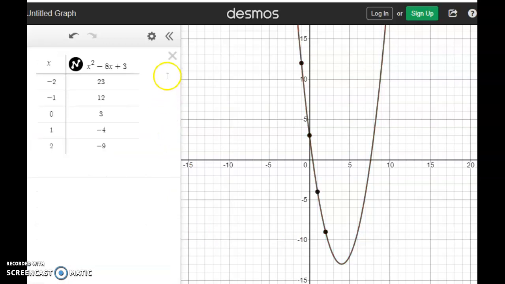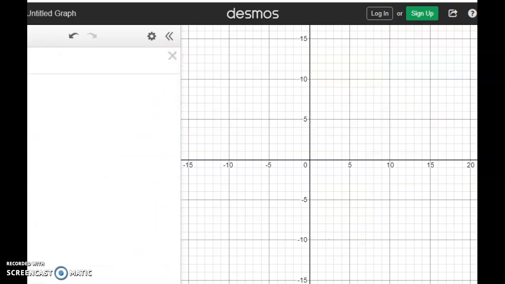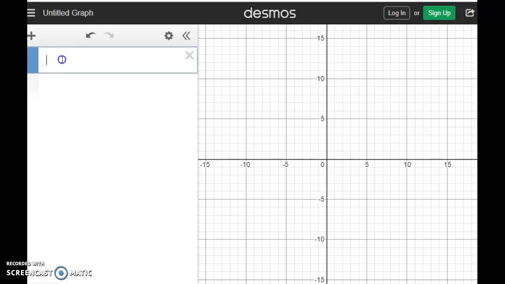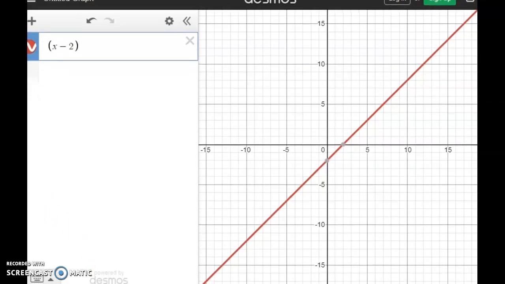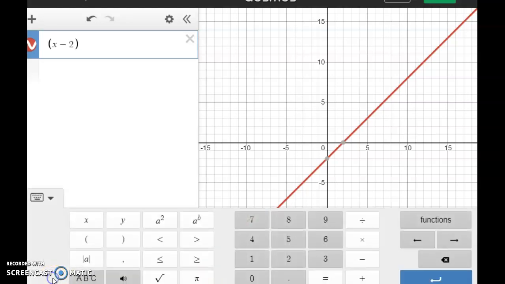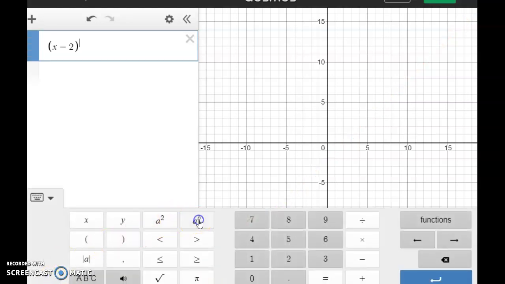Okay, so this is where I left off before. I'm going to delete these equations. And let me move my screen over. Just as a reminder, you can just type it right in, put it in parentheses. That x minus 2 was the original problem. And then here at the bottom of your screen is a keypad. And you can just hit this key, so then you can write to the 3rd power.